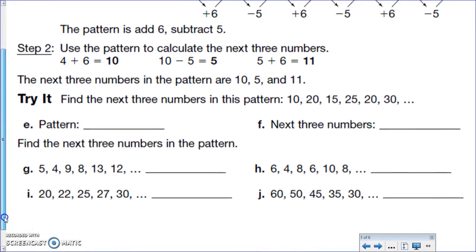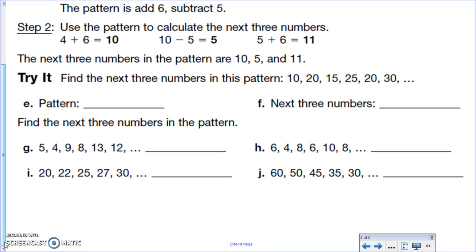For the triad, they want us to find the next three numbers in this pattern: 10, 20, 15, 25, 20, 30. So to get from 10 to 20, we add 10. 20 to 15 is minus 5. 15 to 25 is plus 10. 25 to 20 is minus 5.